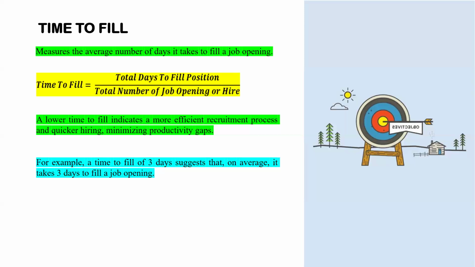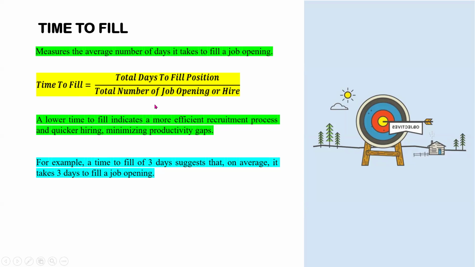Okay. So when you calculate, if you use maybe Power BI to do your computation, this is the kind of formula you'll be using. That's it. If you use Power BI to calculate time to fill, and the number is very low or maybe high, it has some implication. So a lower time to fill indicates a more efficient recruitment process.